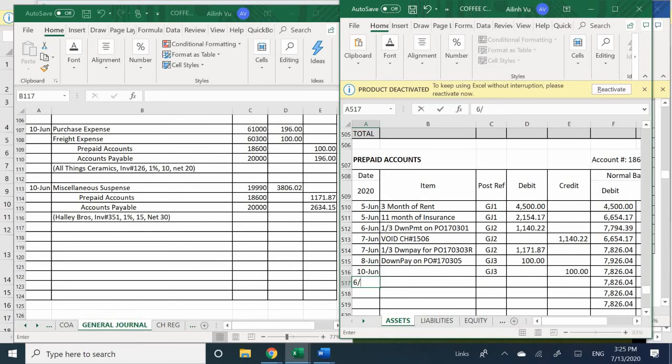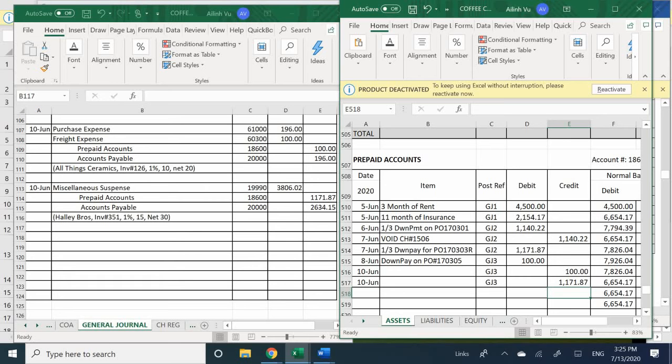So 610, and it's going to be journal 3, and we're crediting our 1,011.71.87. Okay, so that should bring our number down to 6654.17. Okay, and we want that number.